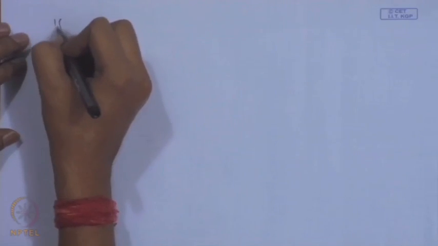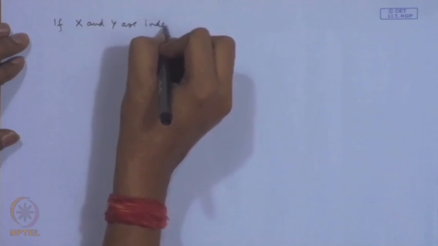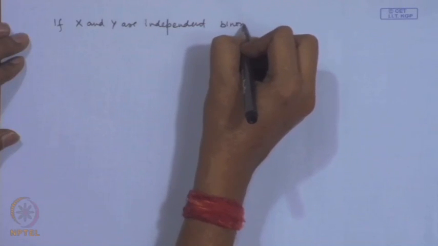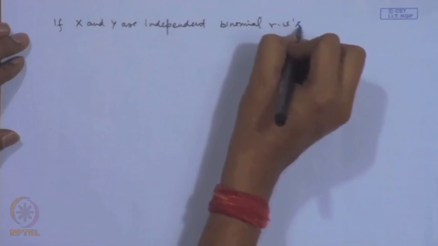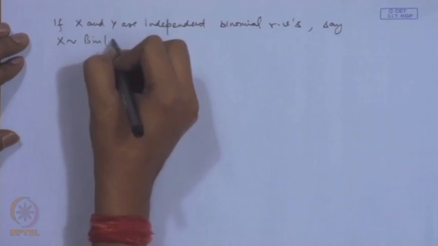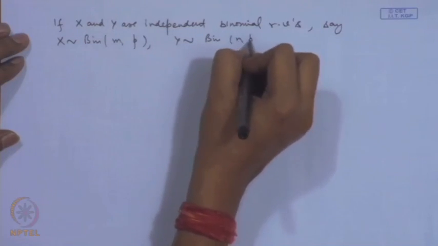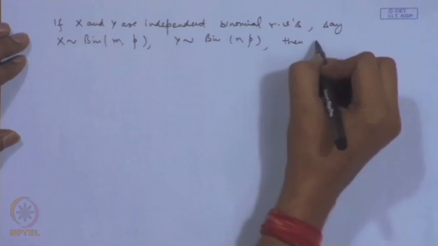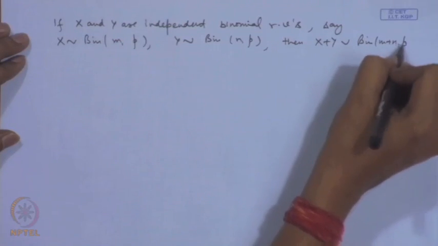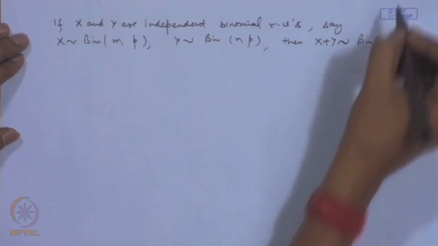See, if x and y are independent binomial random variables, say x follows binomial(m, p) and y follows binomial(n, p), then x plus y follows binomial(m plus n, p). This you can easily prove using the moment generating function.